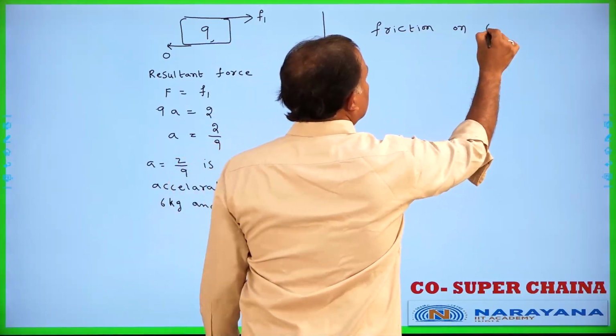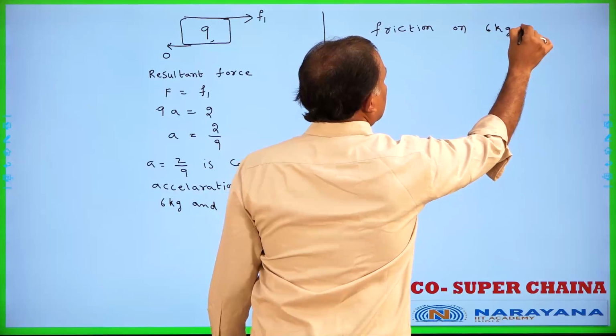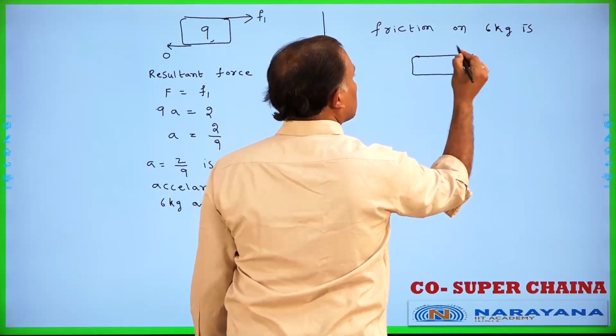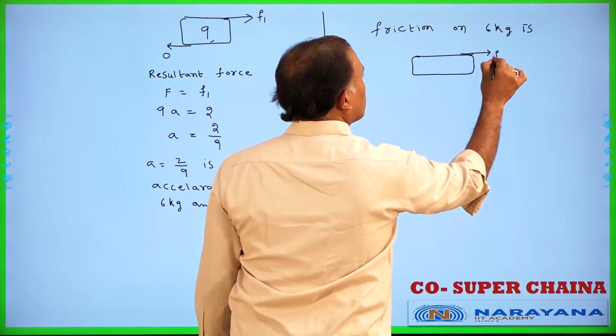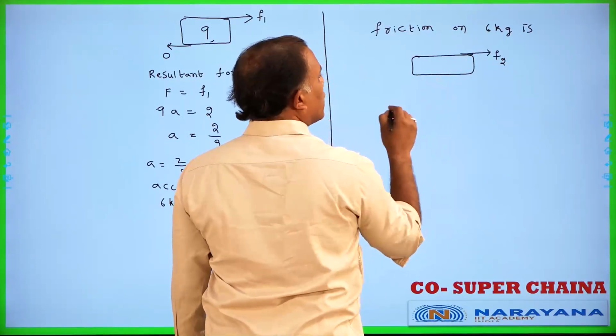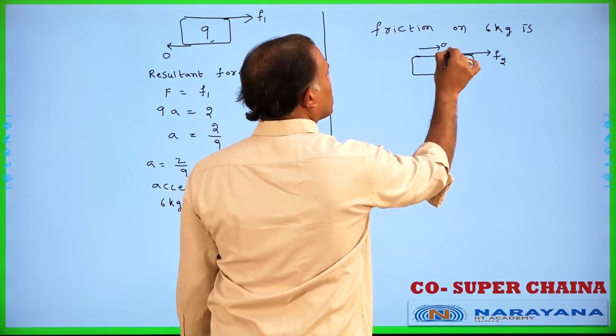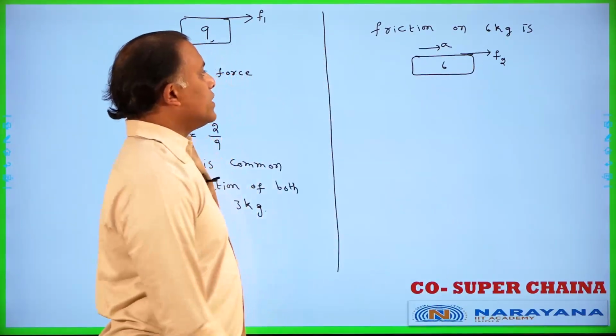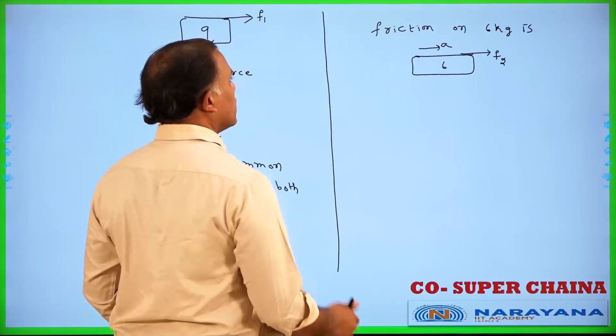Here it is F2, and the block is moving this side with an acceleration A. This is 6 kg. Friction on 6 kg is the driving force of 6 kg.